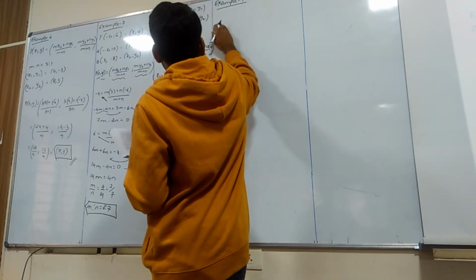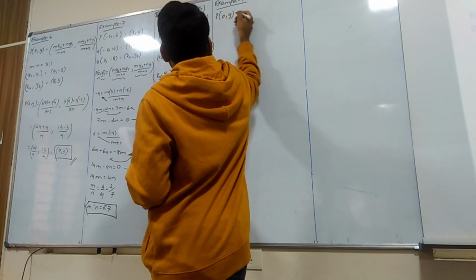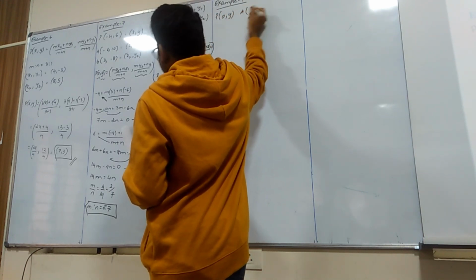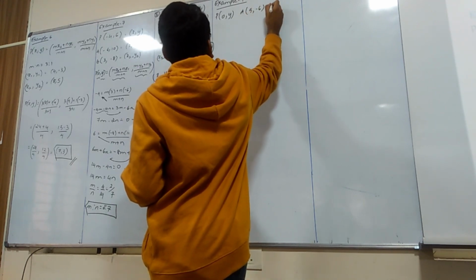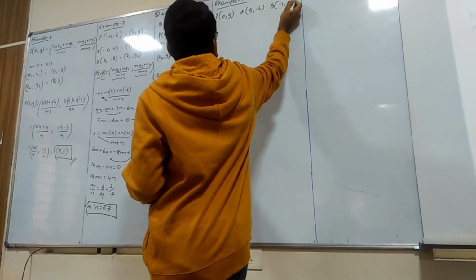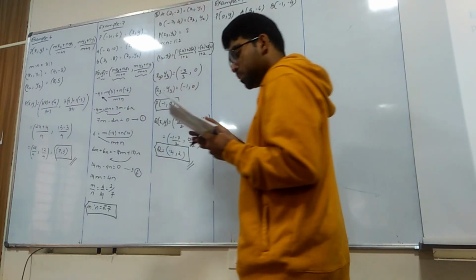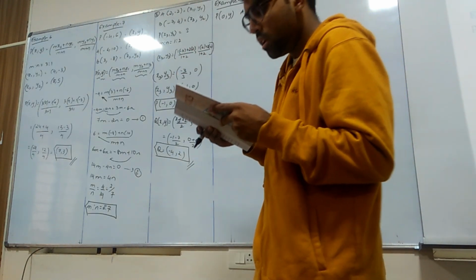The y-axis point will be 0, y, which divides the line. What is point A? 5, minus 6. What is point B? Minus 1, minus 4. Okay.